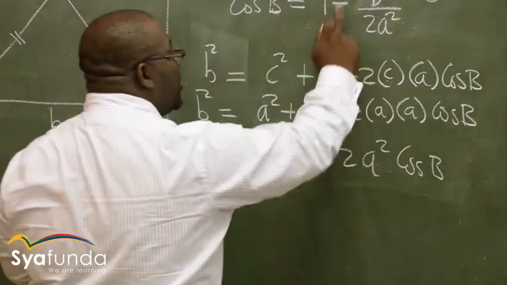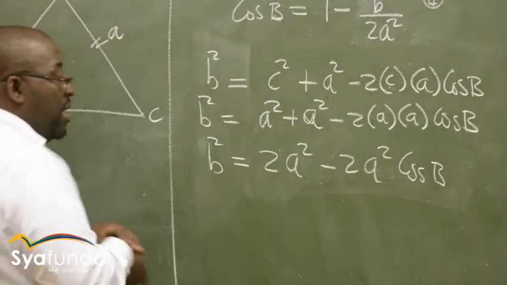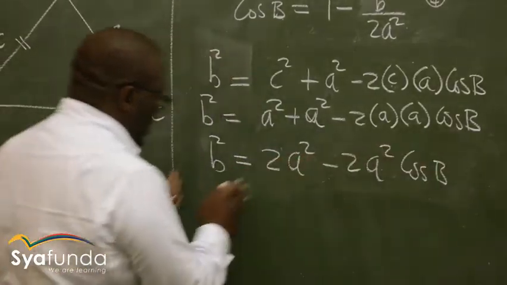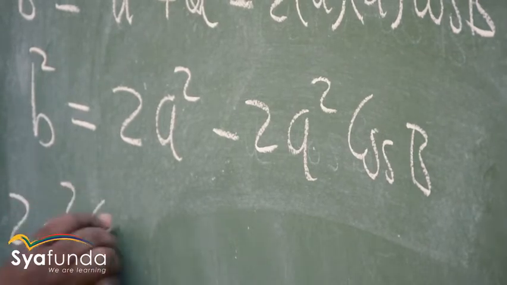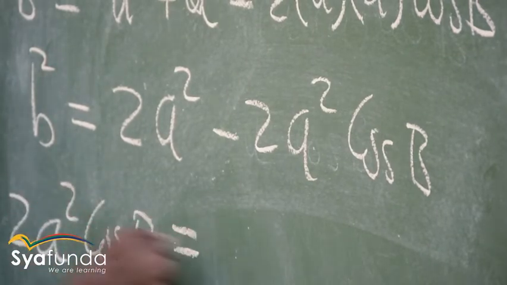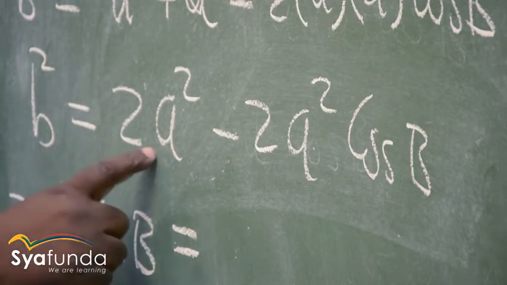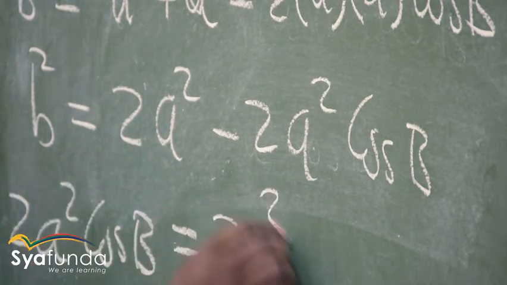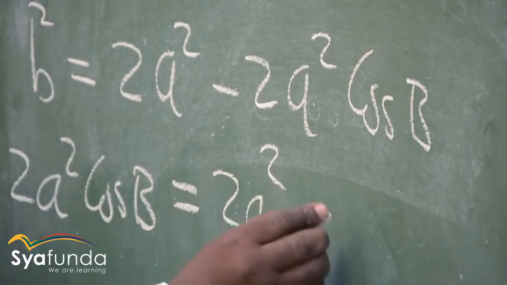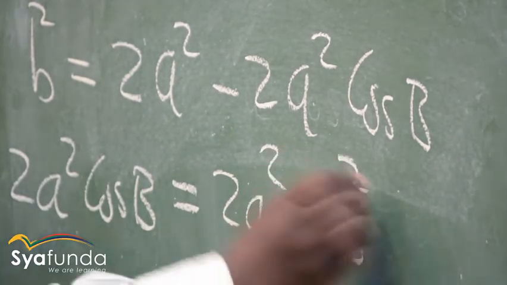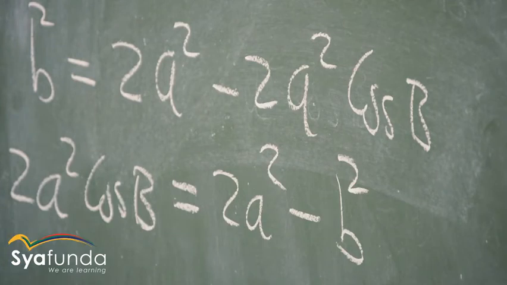Manguletha ngalalo b uzoba negative as I see it there. Now, we take all this side. I will have 2a squared cos B positive now, is equal to 2a squared minus b squared. Right, this is what we have.